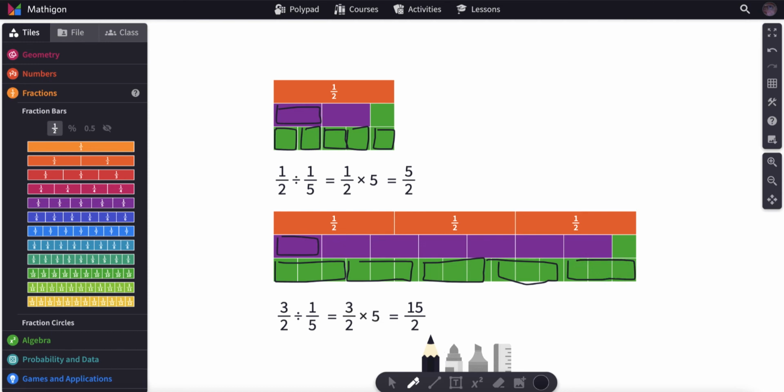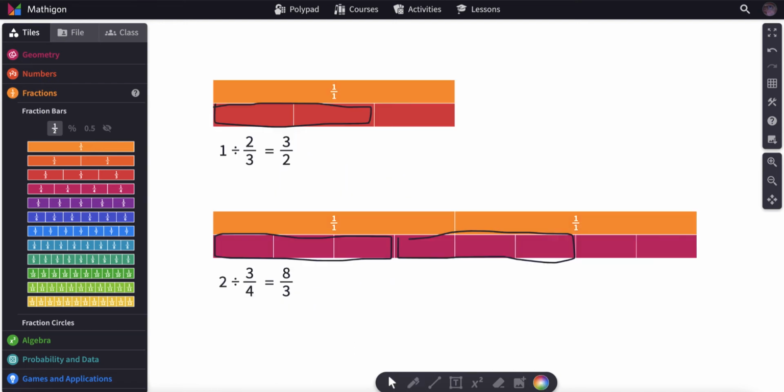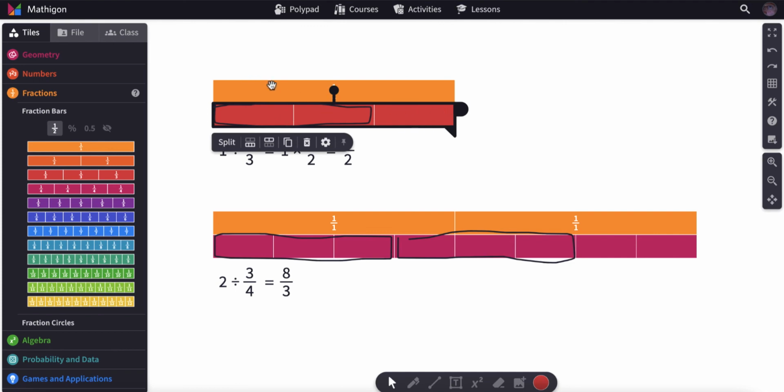Does this work out in the next one when we take a whole number and divide by a fraction? Well, let's see. So we have 1 divided by 2/3. We want that to somehow turn into the multiplication question, 1 times 3/2, to get our answer. If we frame it in the same way, we're asking how many of the original piece fit into the original piece of 1?